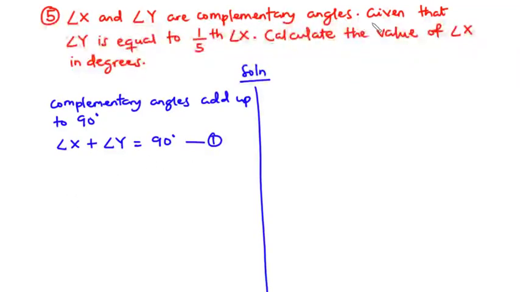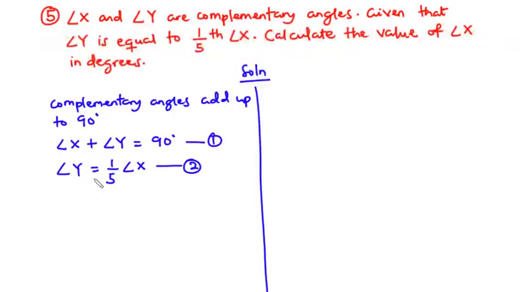Now for the second statement, given that angle y is equal to 1/5 of angle x, so this is 1/5 of angle x. Now let's call this equation 2. Now we are asked to calculate the value of angle x in degrees. Now we have two equations, we can solve them simultaneously.